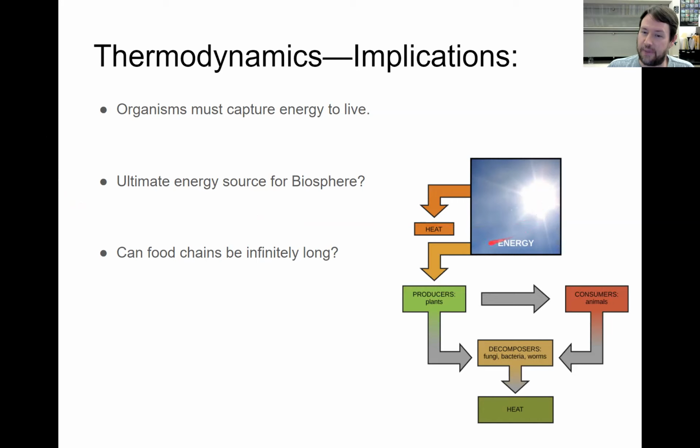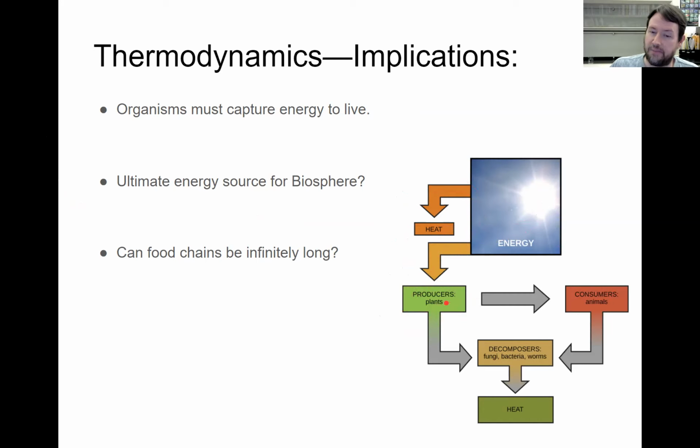So the sun is passing its energy along to the producers, the plants of an ecosystem, and a lot of that energy is actually being lost as heat and not being captured into the biosphere, or I should say the biological community.